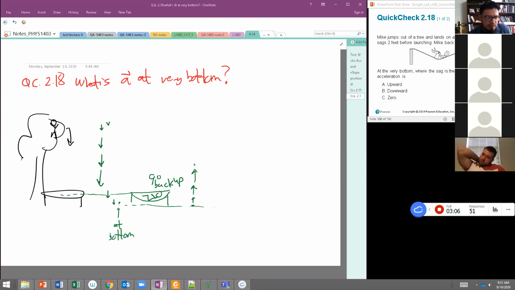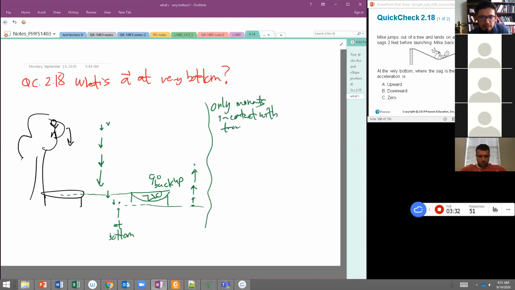Really, what we care about is the moment when your body hits that trampoline. What we just did is look at the whole motion, but let's look at only the moments in contact with the trampoline. At this point, when you hit that trampoline, you've got a pretty high velocity, right?